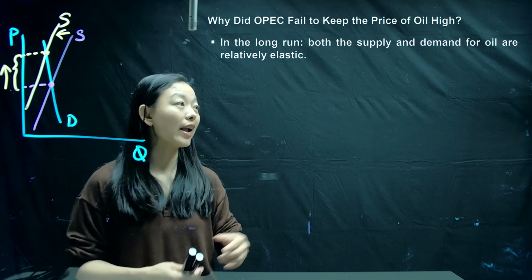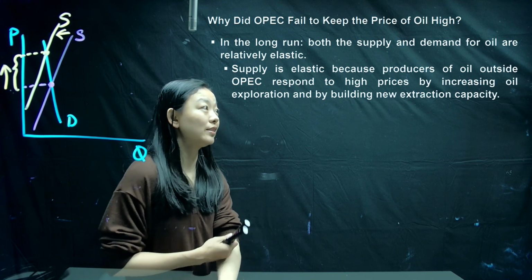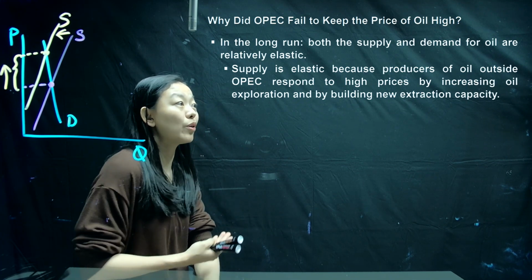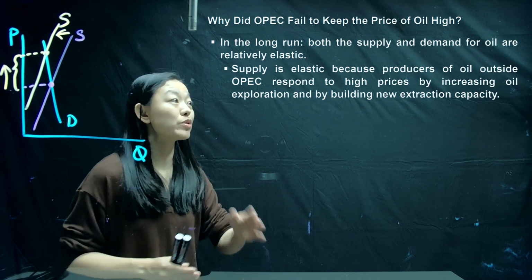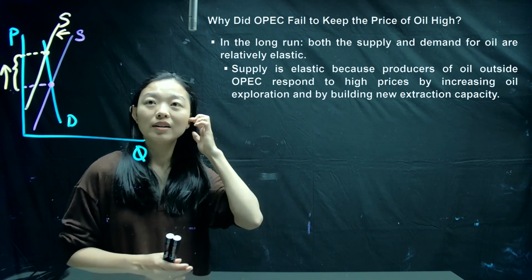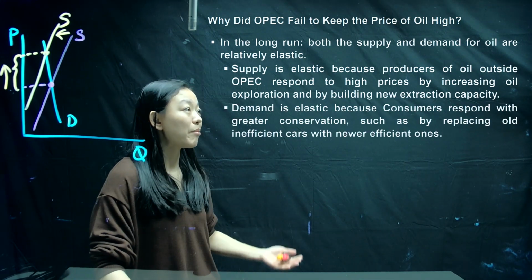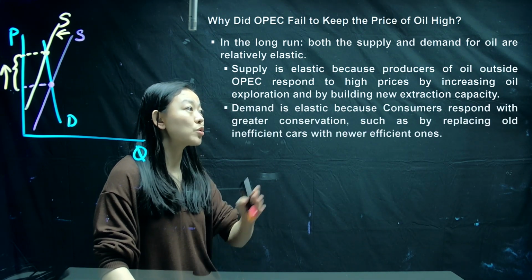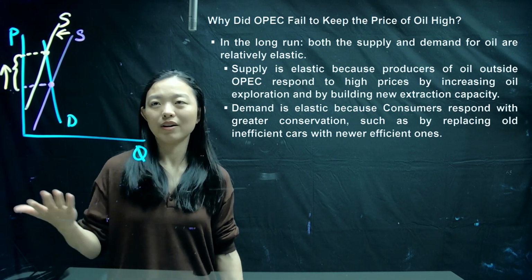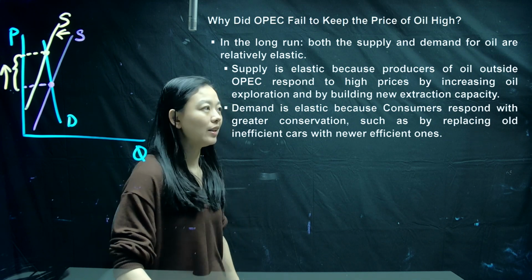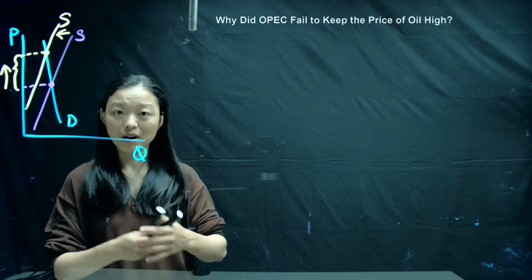Therefore, in the long run, supply becomes elastic because producers of oil outside OPEC respond to the high price and increase their oil production, right? For the demand, consumers can switch to buy more energy-efficient cars. Therefore, you can see in the long run what happens.